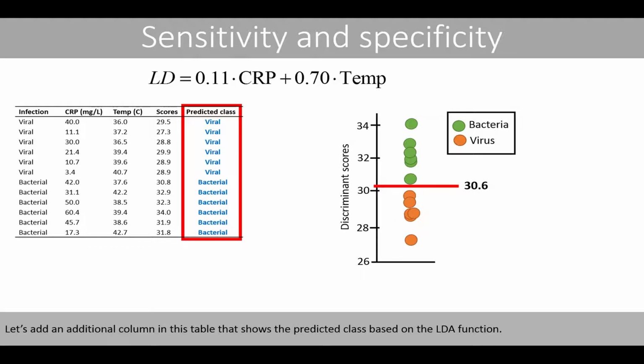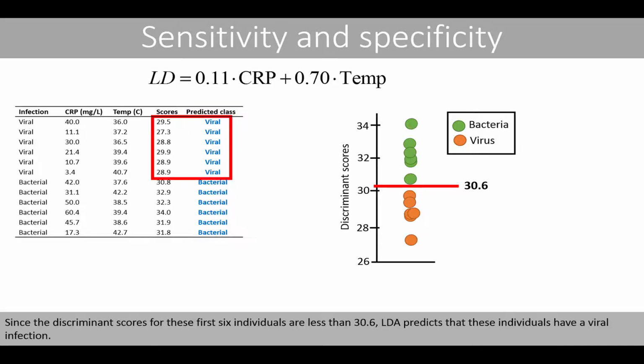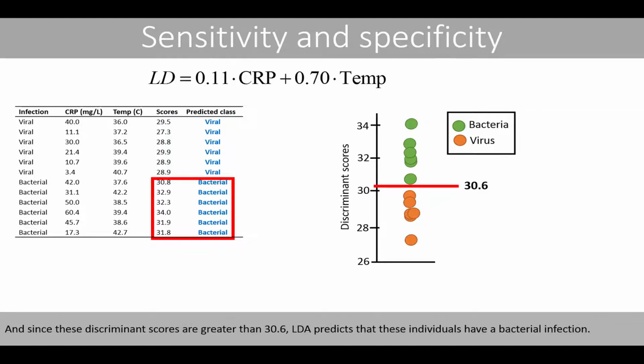Let's add an additional column in this table that shows the predicted class based on the LDA function. Since the discriminant scores for these 6 individuals are less than 30.6, LDA predicts that these individuals have a viral infection. And since these discriminant scores are greater than 30.6, LDA predicts that these individuals have a bacterial infection.